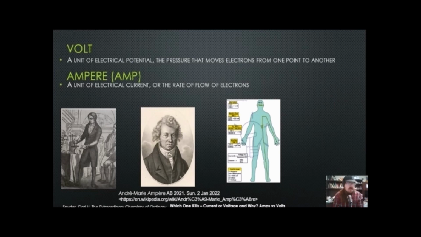You need both high voltage and high amperes to actually do damage to the body. You can suffer very high volts but low amps and still be fine, and you can suffer very high amps at low voltage and still be relatively fine. You need both.